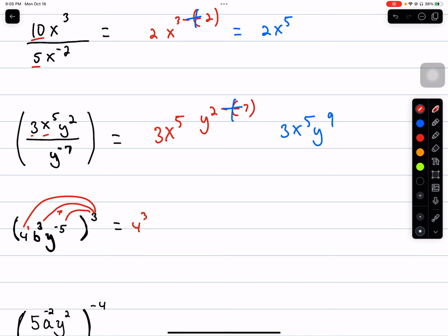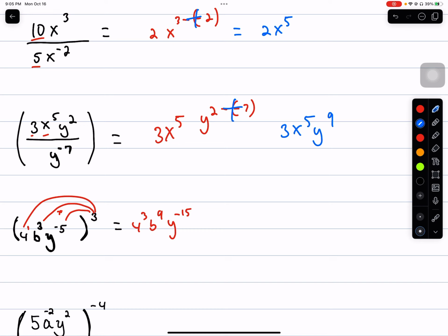That's b to the 3rd times 3. That's b to the 9th. Y to the -5 times 3, that's y to the -15.